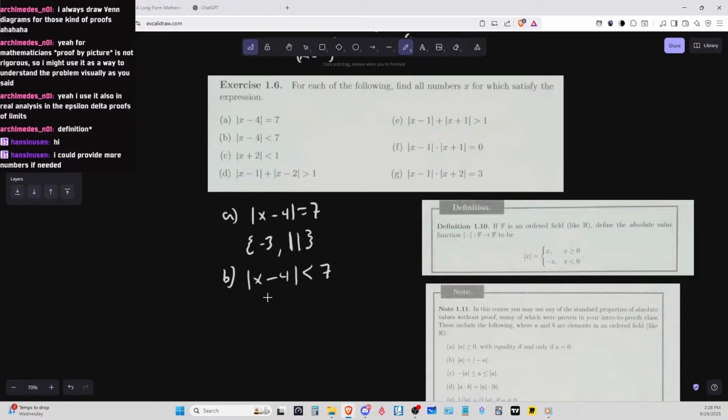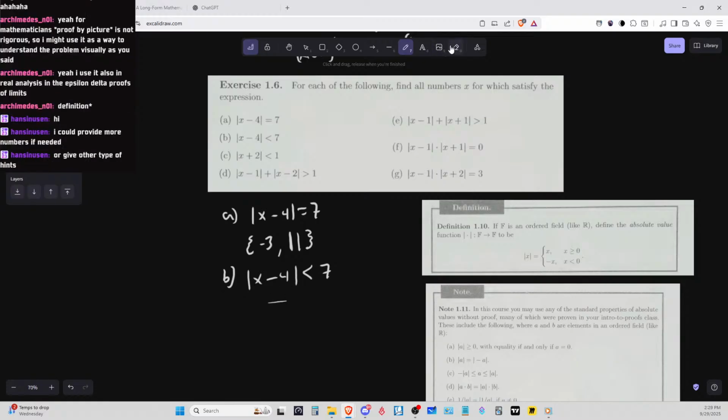But I think this one is going to be more like, minus 4, so we go up to 11 here, so we go from -3.